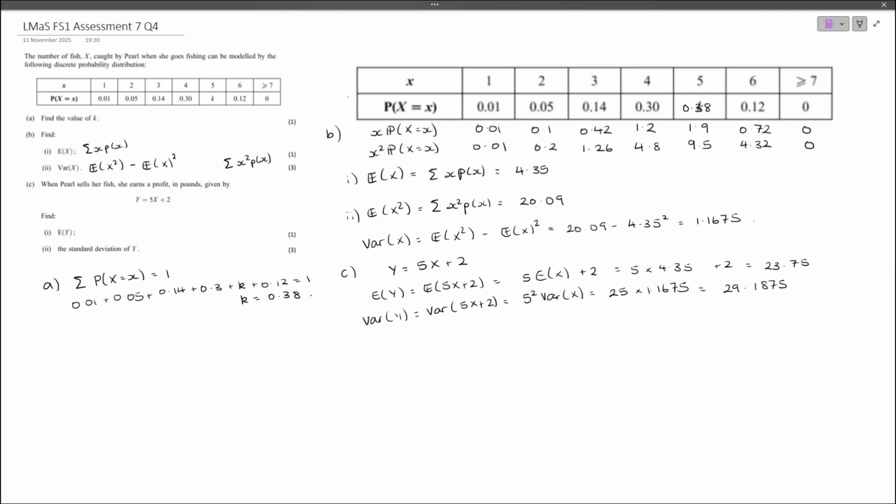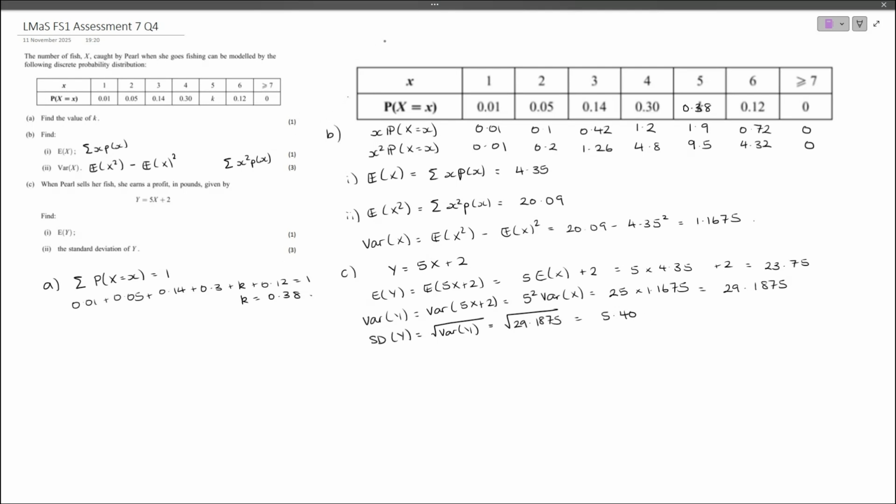The question, however, didn't ask for the variance, it asks for the standard deviation. So the standard deviation of Y is equal to the square root of the variance of Y. And this is equal to 5.40 to 3 significant figures.